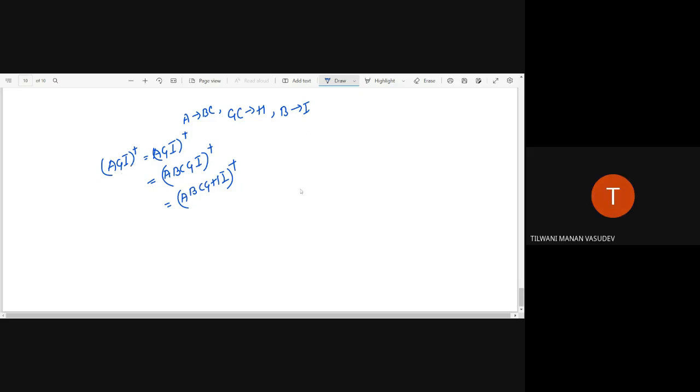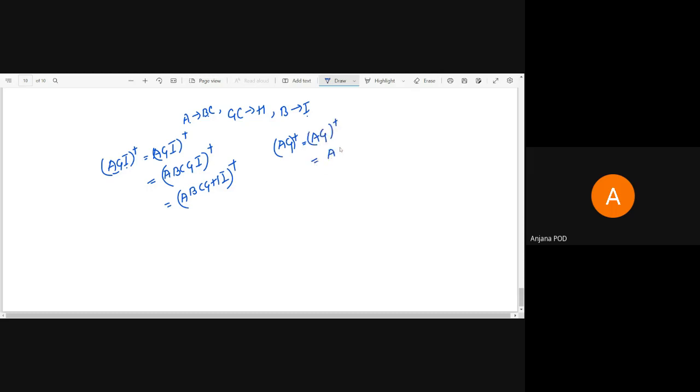Okay. So we also need to check if any subset is also determining all the attributes or not. So let us check at first for AG plus. Or you can also check for A, but you know that A will only give A, B, C, I. So let's check for AG. AG will give AG itself.